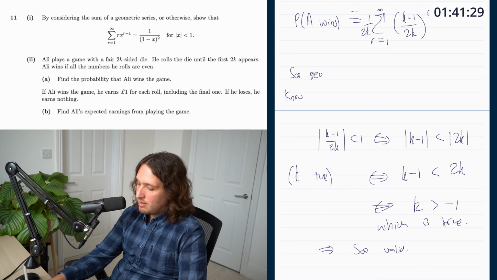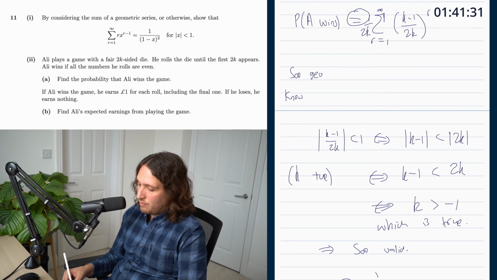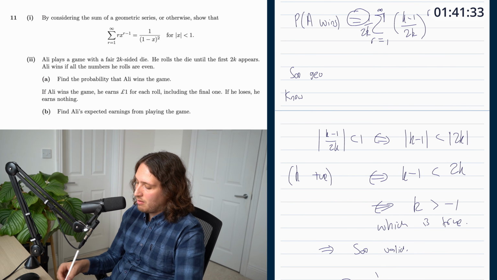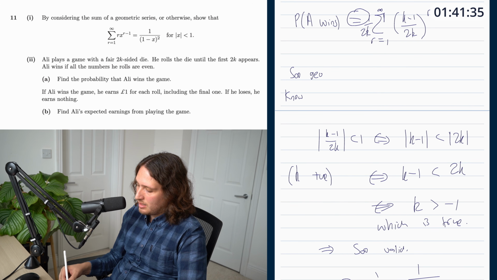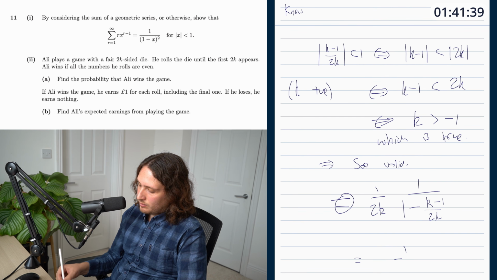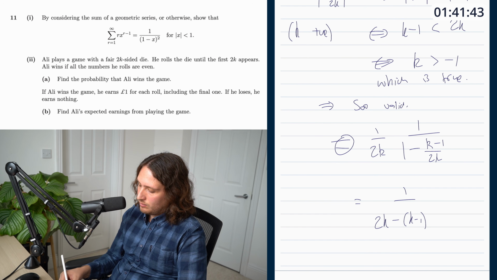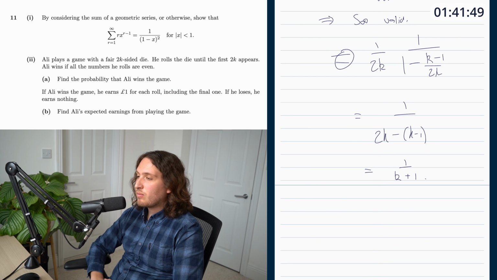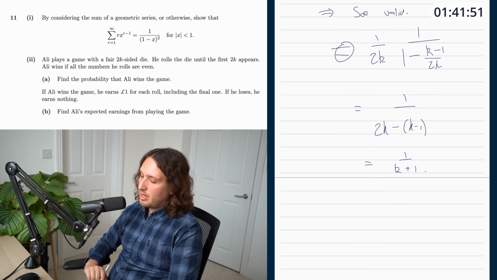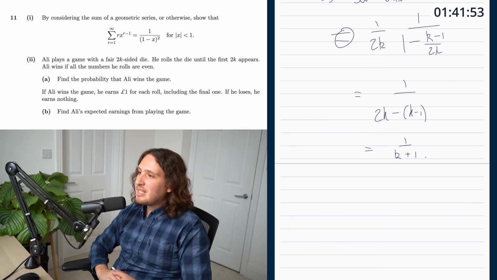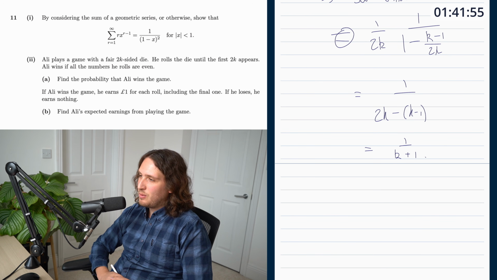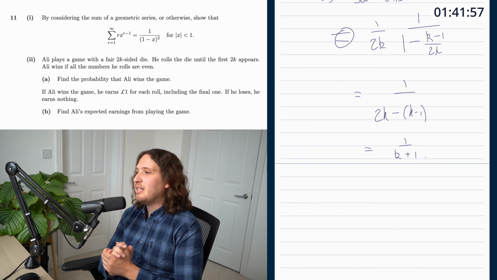So then that's equal to, first term, well, to the power of 0 is 1, over 1 minus the common ratio. Okay, so 1 over k plus 1. Does that make sense? So, quick experiment. What if k is enormous?